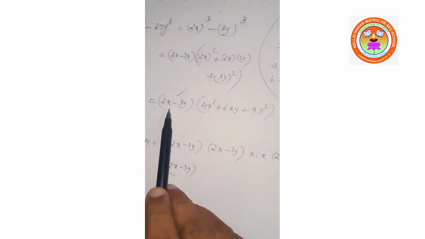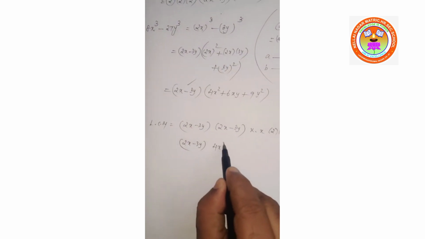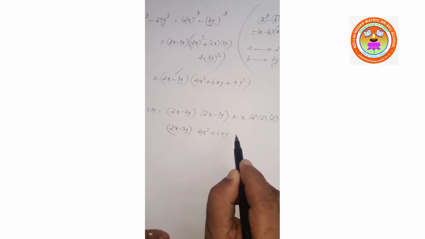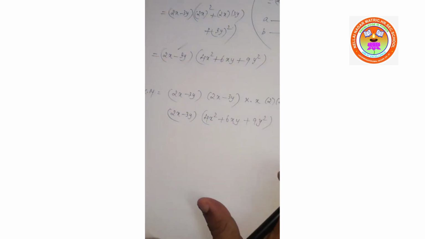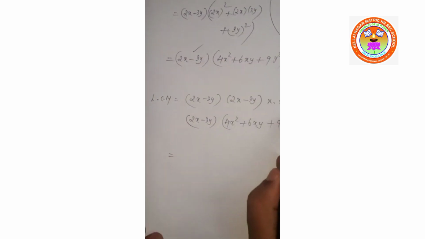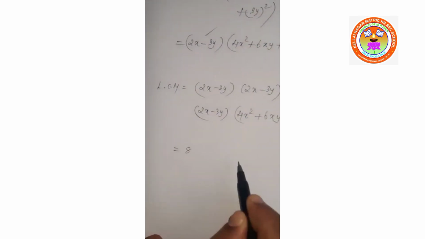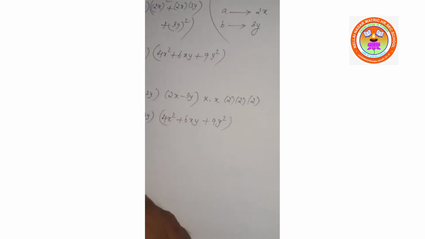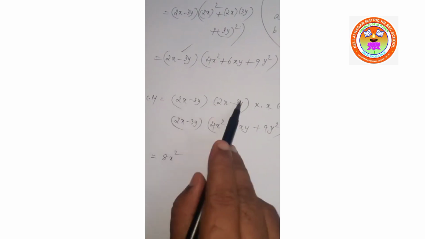Second expression is over. Now third expression, this one already I have taken. This one is left out, that should be included. 4x squared plus 6xy plus 9y squared. Okay, now we have to simplify. That's all. 2 into 2 into 2, 2 2s are 4, 2 4s are 8. X into x, x square. 2x minus 3y, how many times? 3 times.